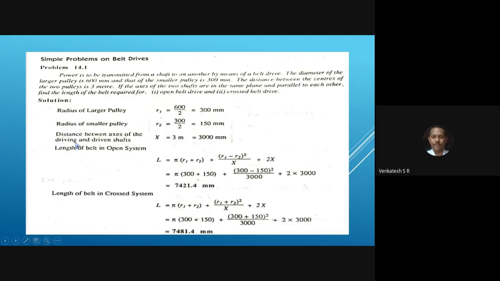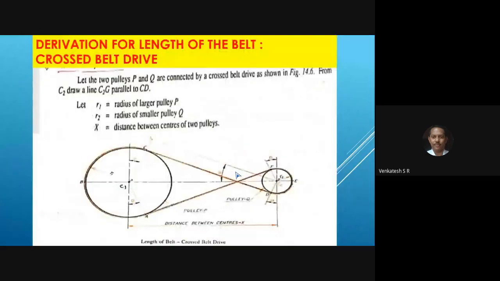Next line, write down distance between axis of the driving and driven shafts, X. You need that. All of you observe here.